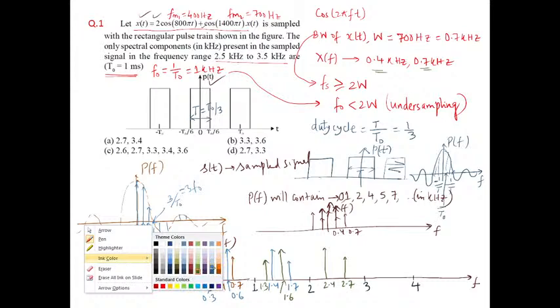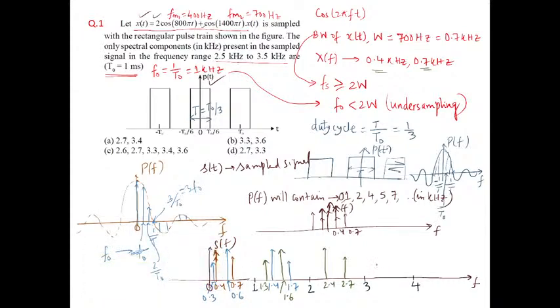Then 3.4, 3.7, 2.6 and 2.3. No, we are not going to get these frequency components. Do you know why? Because the third harmonic is not present here.